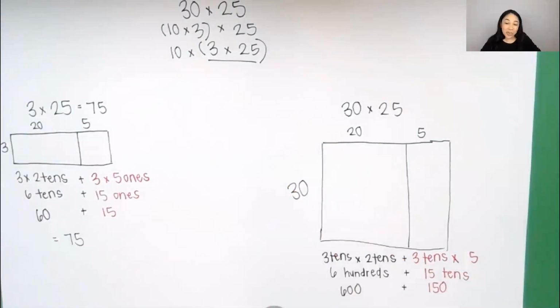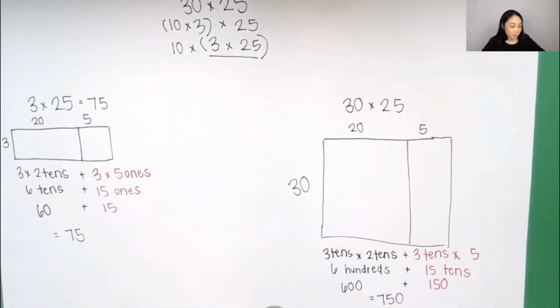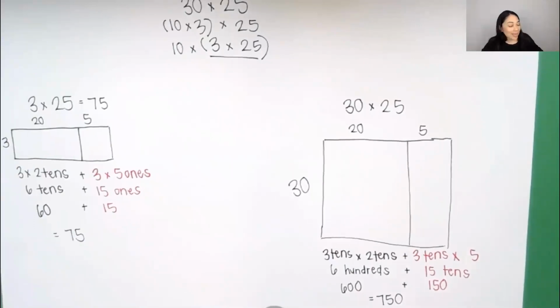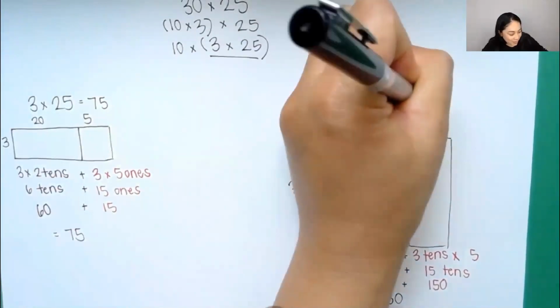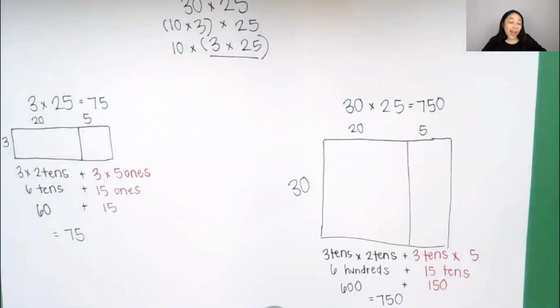Go ahead and add the partial products now. When you add the two partial products, it equals 750. So 30 times 25 equals 750. I'd like you to go ahead and pause the video here.